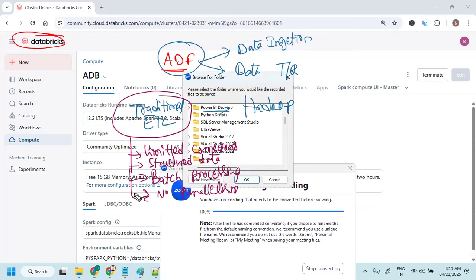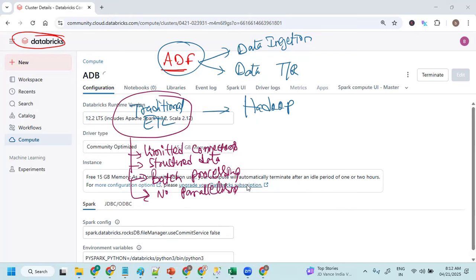The cost is also a little more. So these are all the limitations with the traditional ETL tools.